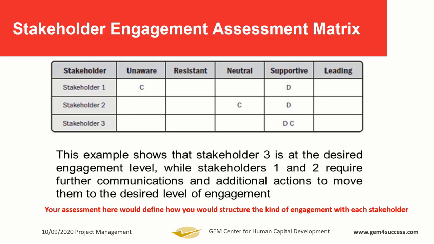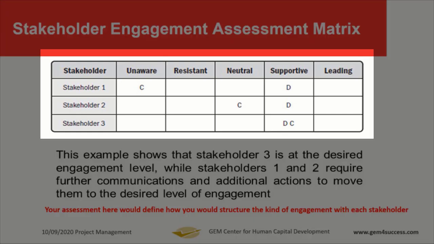You can see here that we have unaware, resistant, neutral, supportive, leading. That's the progression from the least level of engagement to the highest level of engagement and support. So you list your stakeholders in the left column, you list the level of engagement on the top row, and then you start mapping.